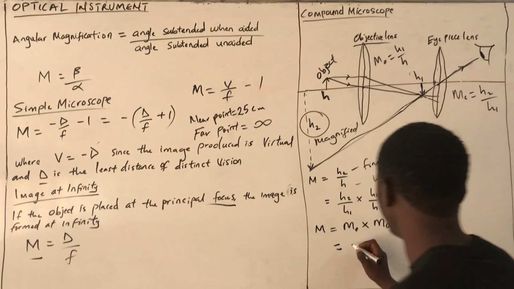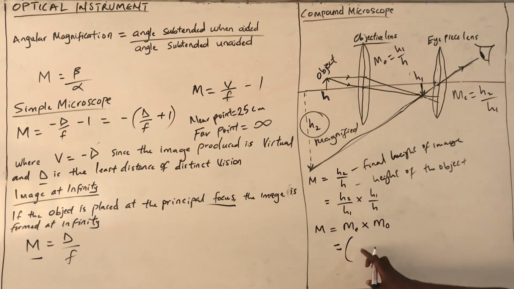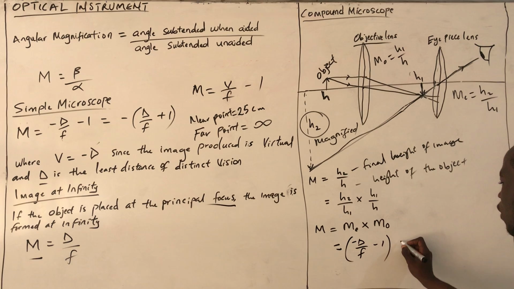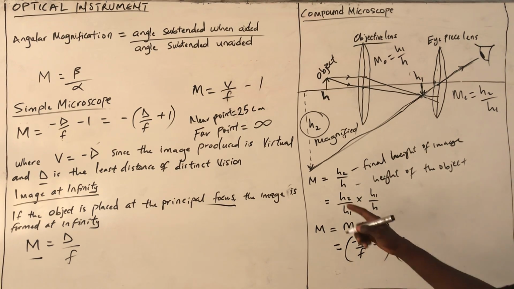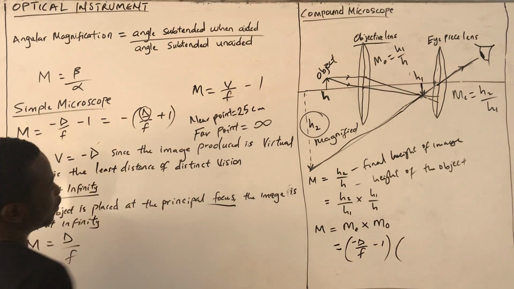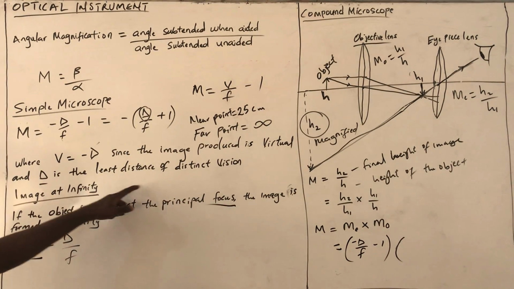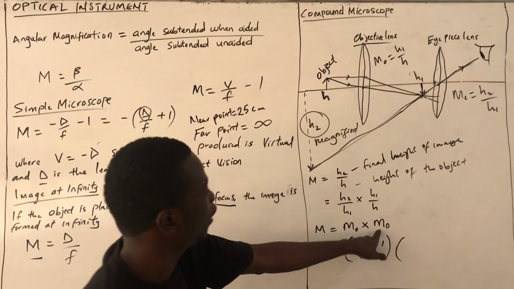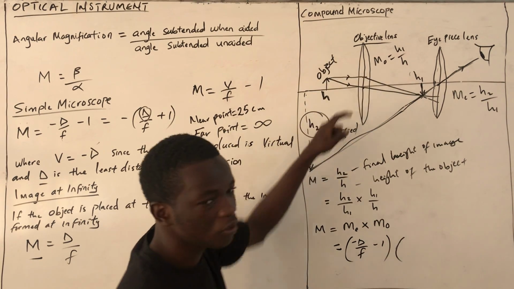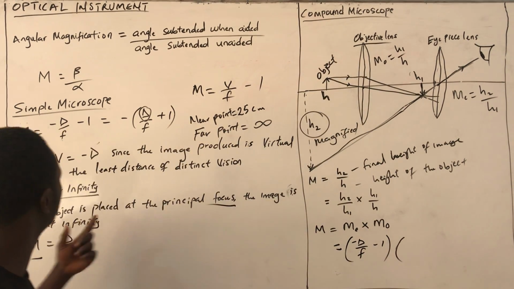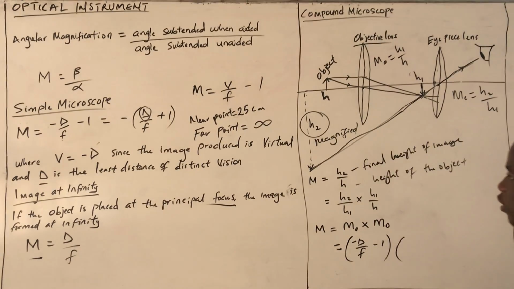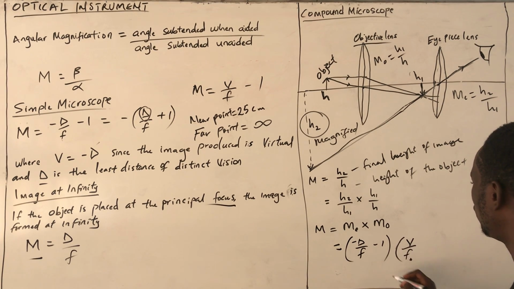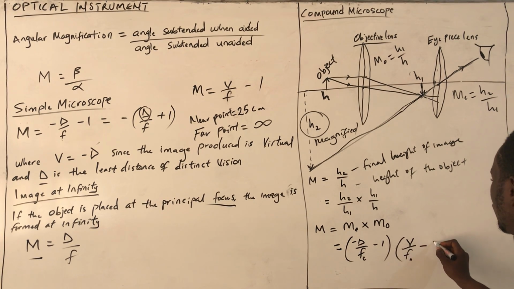So for the eyepiece, since the final image is produced by the eyepiece, we are going to have minus D over F minus 1. Then times, for the objective lens, we will not be having minus D. This D, the least distance of distinct vision, is used for the final image. So MO, the objective lens, is not the one producing the final image. Therefore, instead of D, it is going to be V over F, which is the focal length of the objective, this is the eyepiece, minus 1.